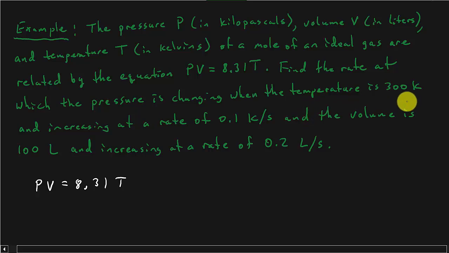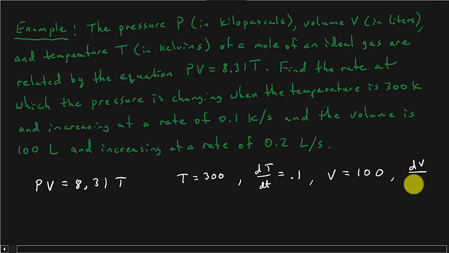When the temperature is 300 Kelvin, so that's when T is equal to 300, and increasing at a rate of 0.1. So that means the change in temperature is equal to 0.1. And then they tell us the volume is 100 liters and increasing at a rate of 0.2 liters per second. So that's the change in volume.